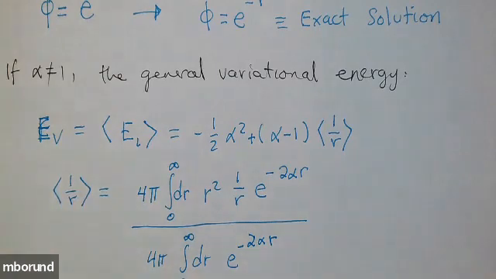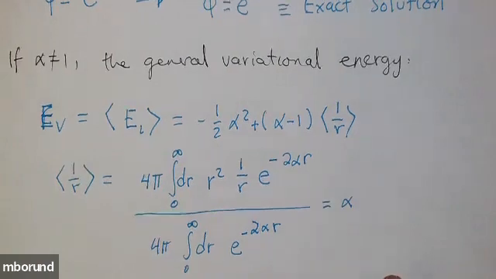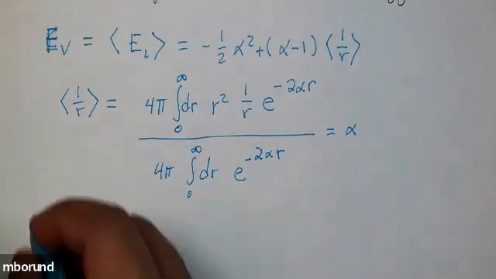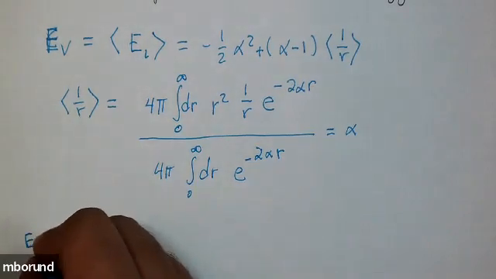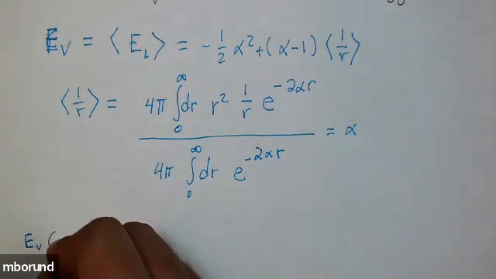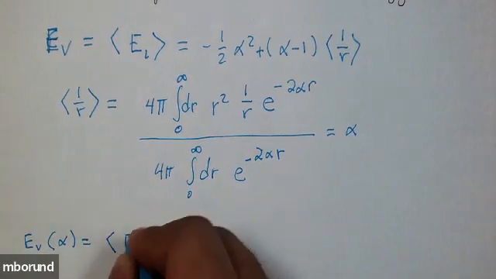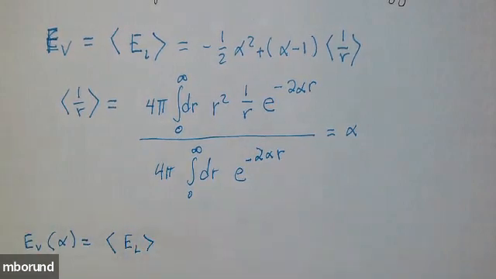All right, so if you do this, you actually end up with alpha by itself. Okay. And what that means is that my variational energy, now with the parameter alpha in there, is the expectation value of this local energy.